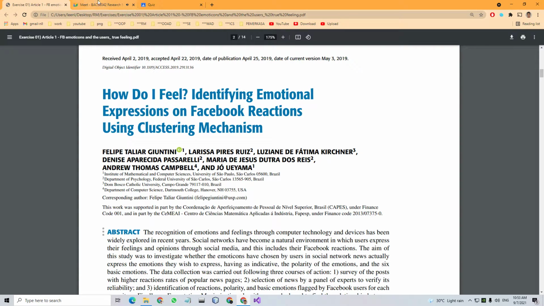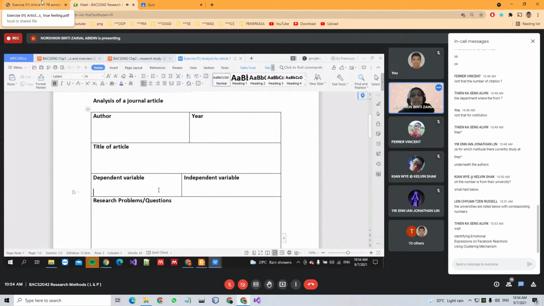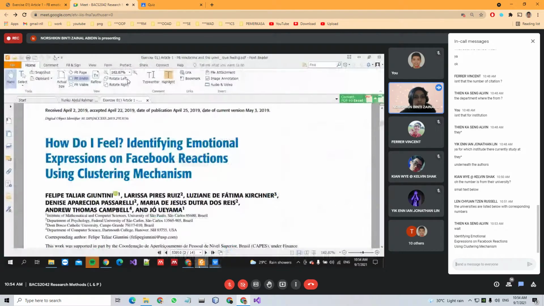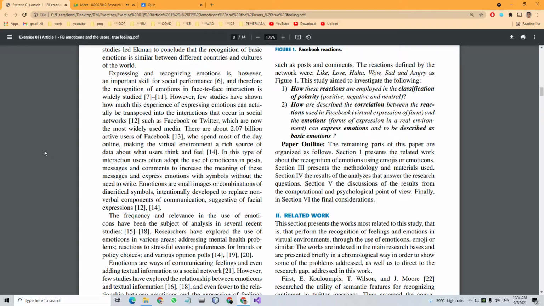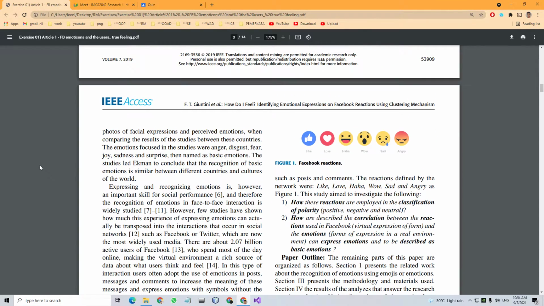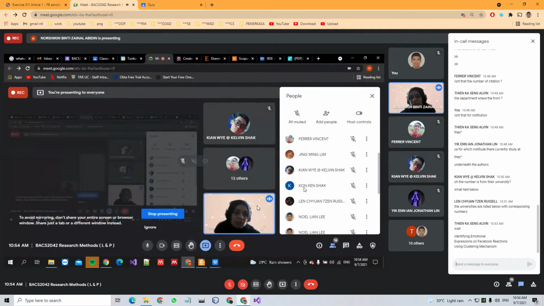And then what are the dependent and independent variables? Like I said last week, the dependent variable is something that is affected in your research, and the independent variable is something that is changed through your research. So what are the dependent and independent variables here?